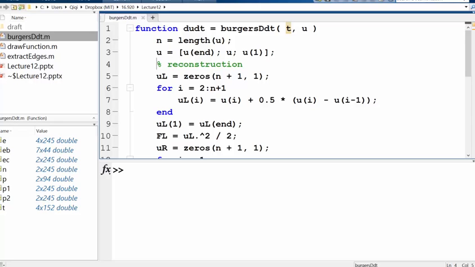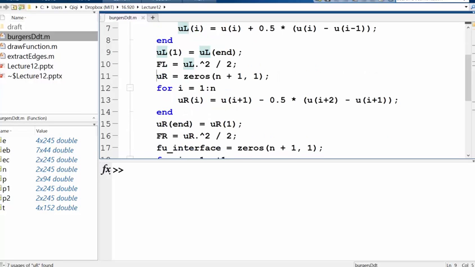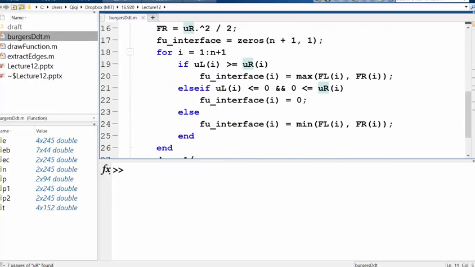In the beginning, we were doing no reconstruction. So UL is exactly equal to the U at the left, and UR is exactly equal to the U on the right. We have been using a central average scheme which doesn't work, and we progressed to an upwinding scheme which works for most cases, and we advanced to the Godunov scheme which always gives you physical solutions.